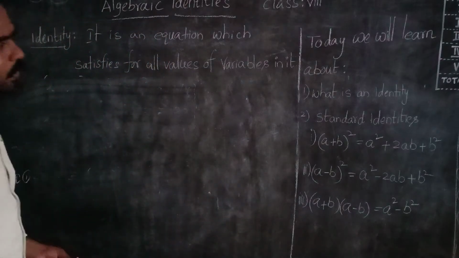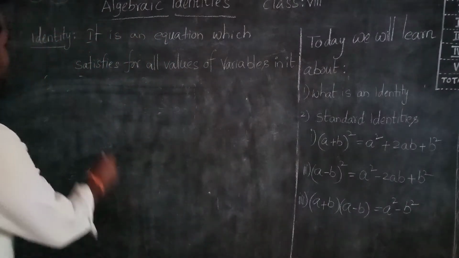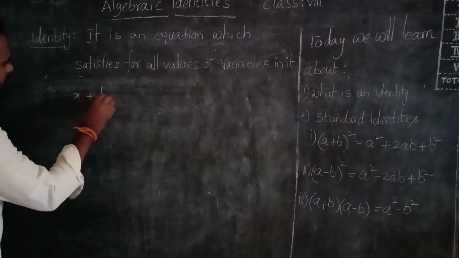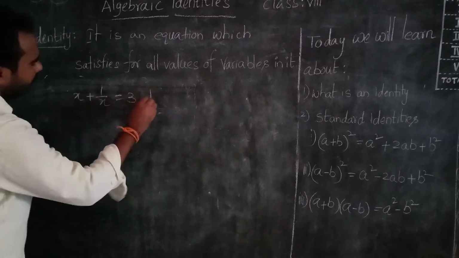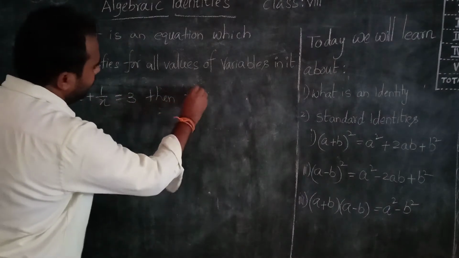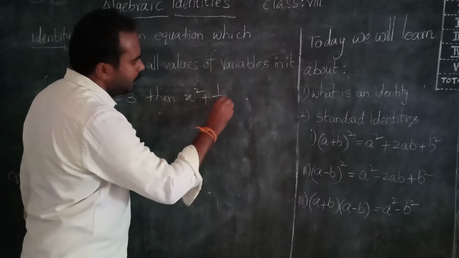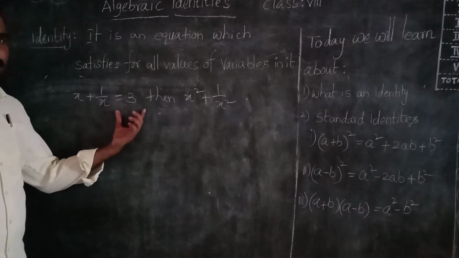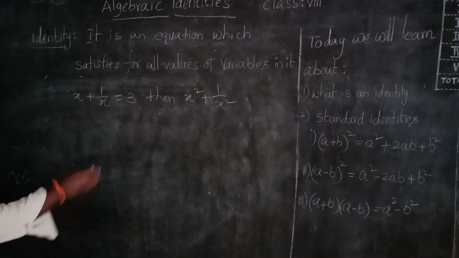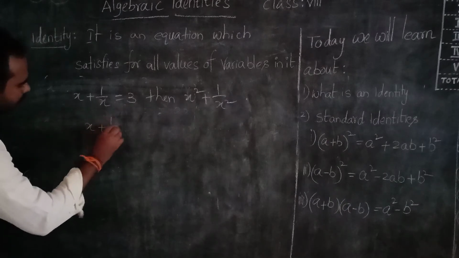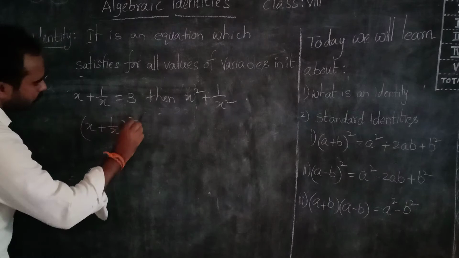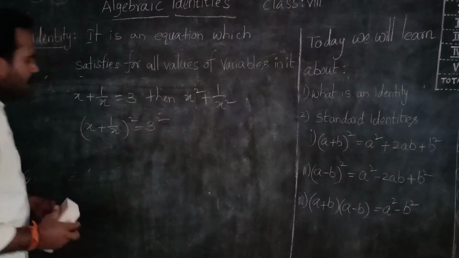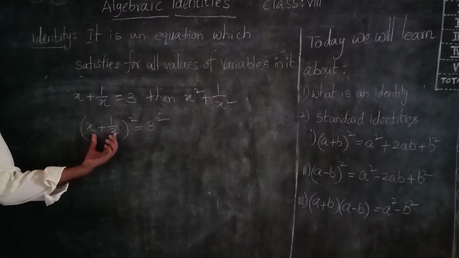Now we will do some more problems on these three identities. See, for example, if x plus 1 by x is equal to 3, then what is x square plus 1 by x square? So now I will take x plus 1 by x is equal to 3 and square both sides. x plus 1 by x whole square is equal to 3 square. Now it is in the form of a plus b whole square.